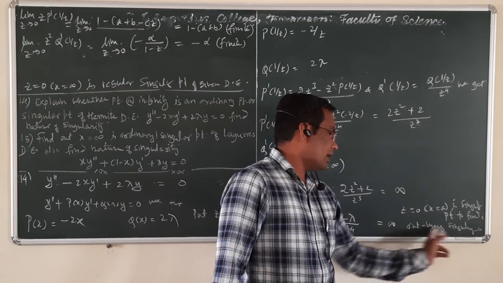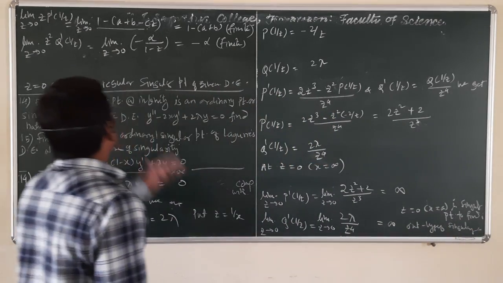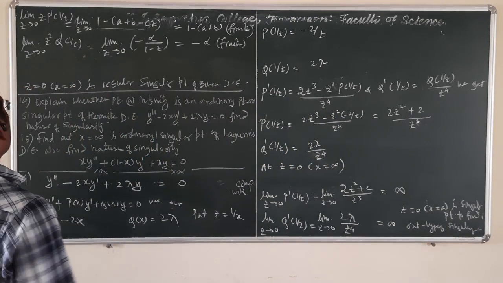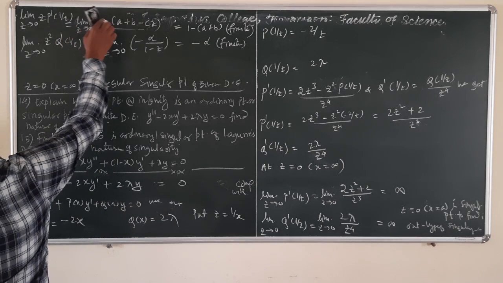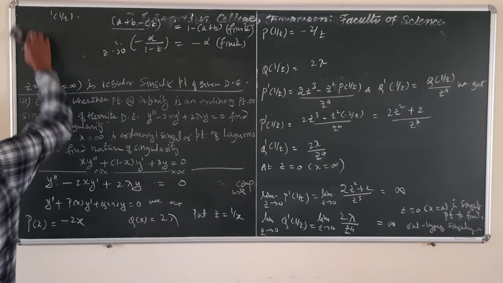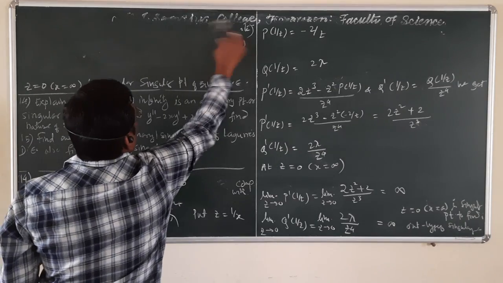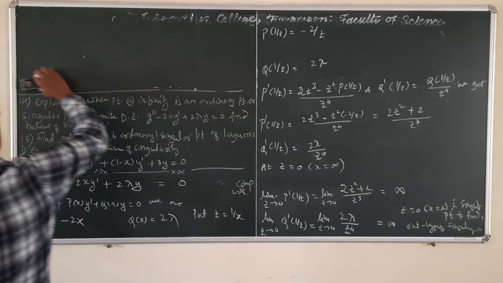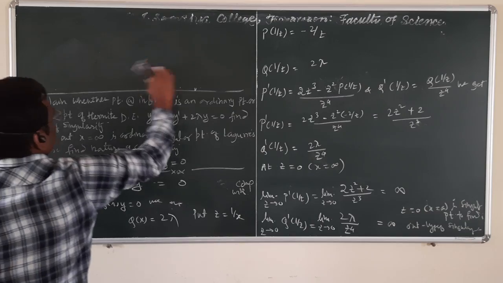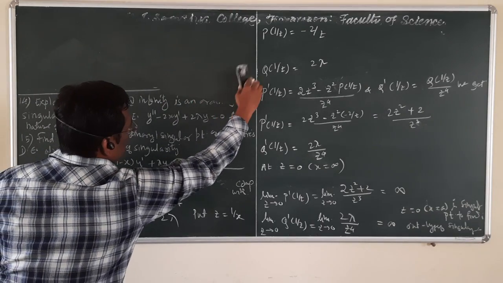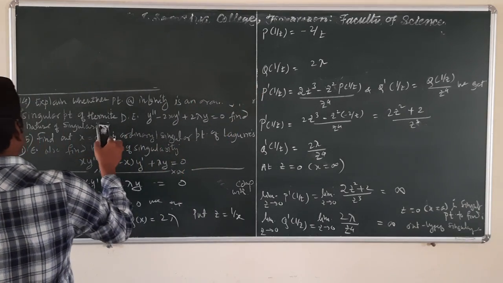Now to find out type of singularity, again we have to find out this. So limit as z tends to 0, to find out type of singularity.